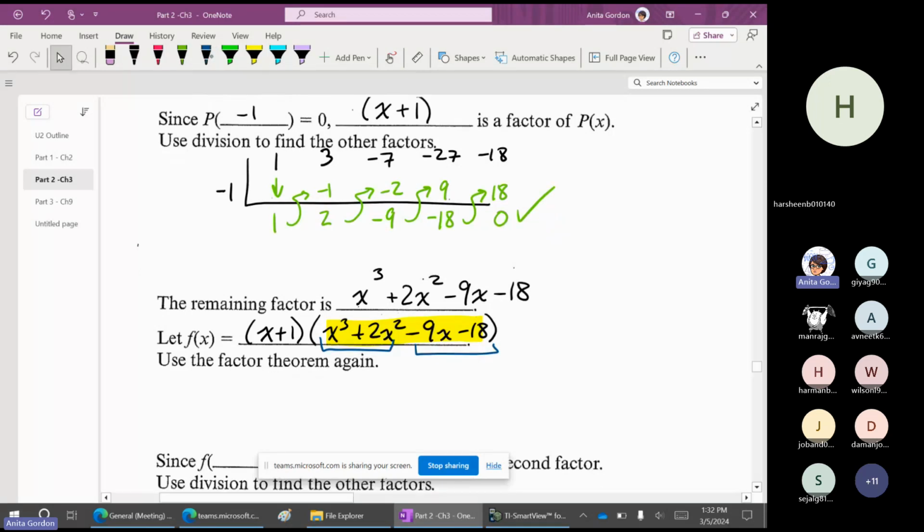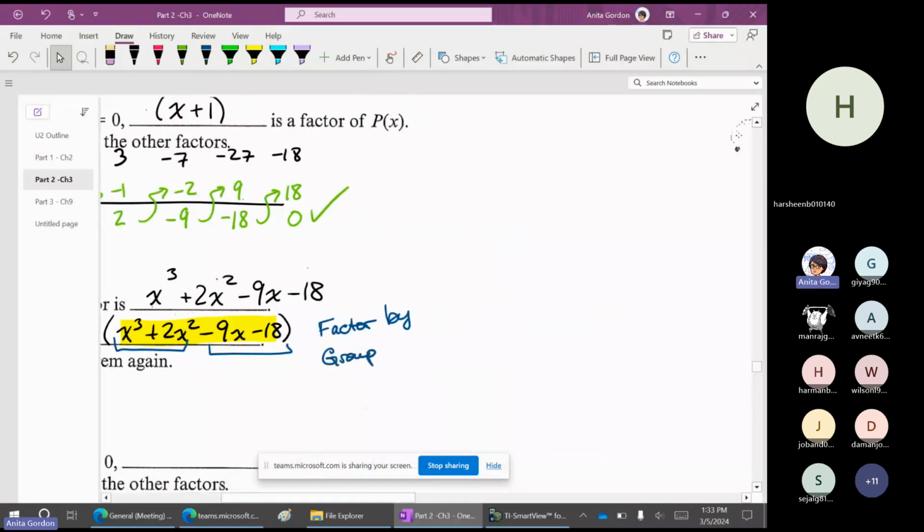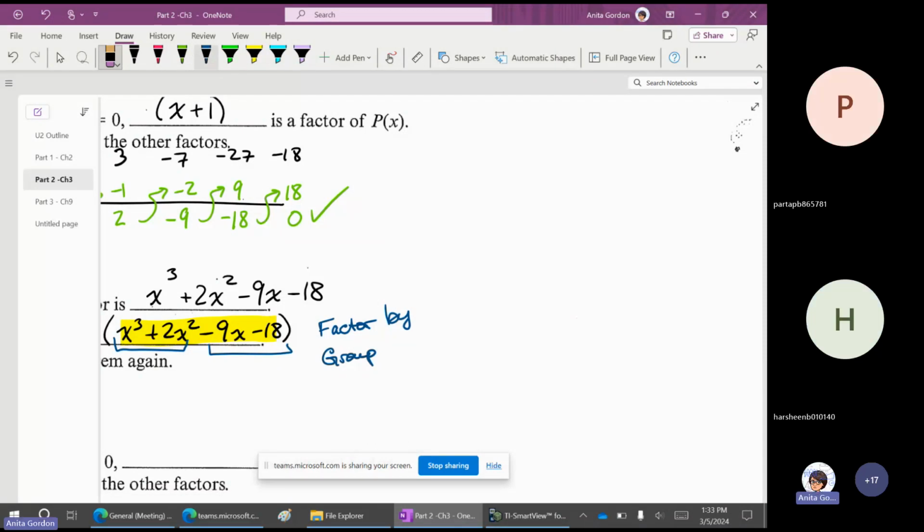If I do factor by grouping, let's just focus on the highlighted bit. I can factor not a 2, but I can factor an x squared out, and that will leave me with x plus 2. On the other side, I can factor a negative 9 out.